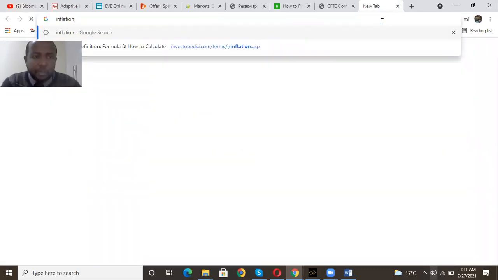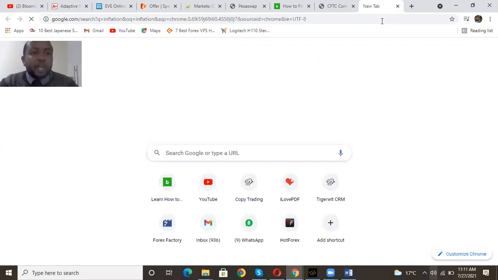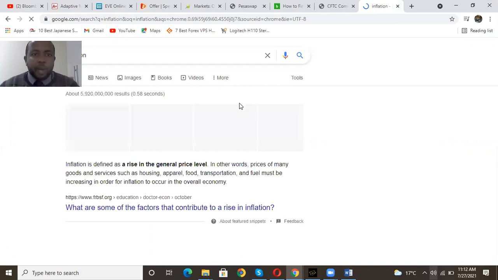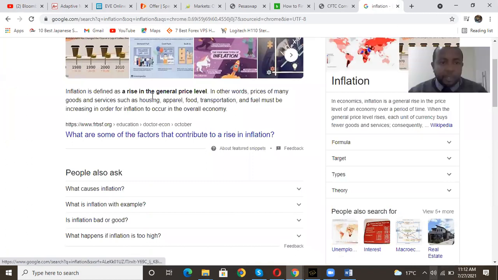We touched on inflation. Let's see why everything is becoming very expensive, why you should be budgeting, and looking forward to how you're going to manage your finances within the next few months. This is the one cost thing that has been making things very expensive. So let's look at the definition first of all.